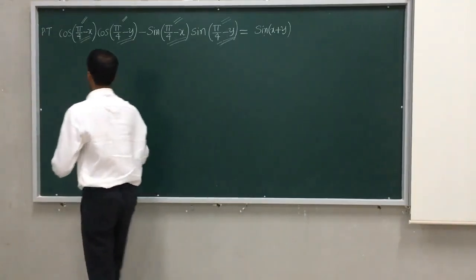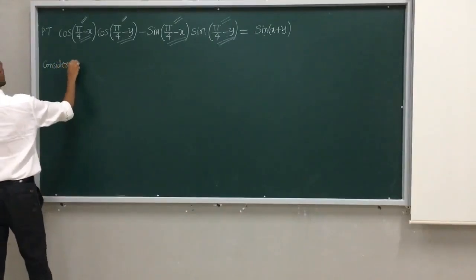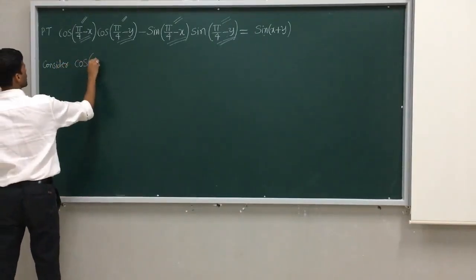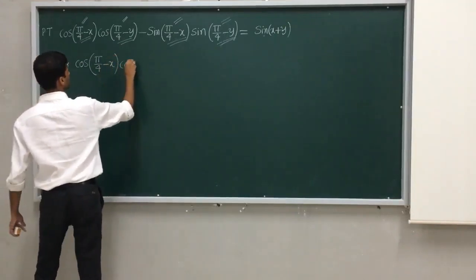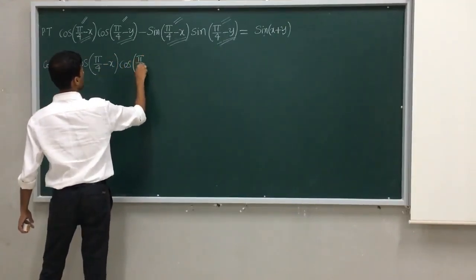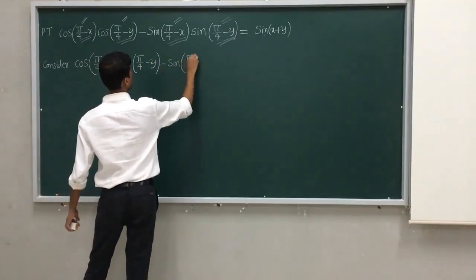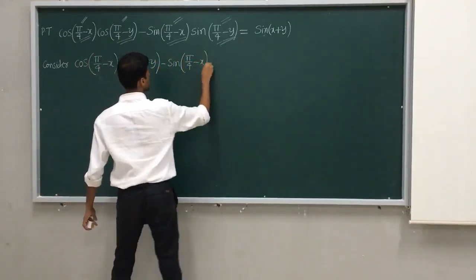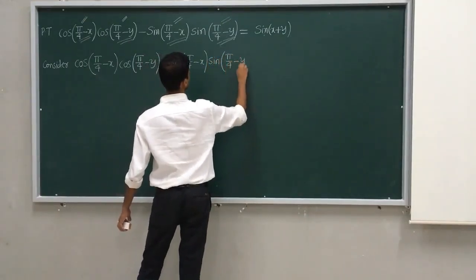For this I will consider the left hand side: cos of pi by 4 minus x, cos of pi by 4 minus y minus sin of pi by 4 minus x into sin of pi by 4 minus y.